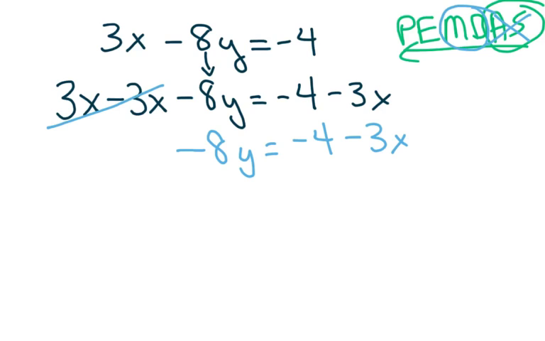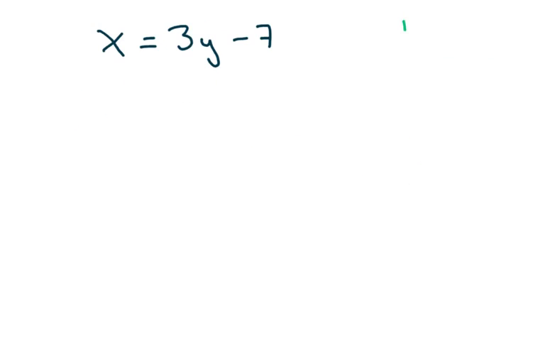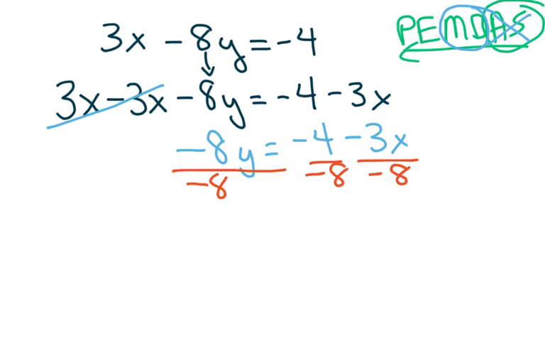Now, so we took care of that. Is there anything we can multiply or divide both sides by? Yes, we can divide everything. We need a positive y here, so we're going to divide everything by negative 8, so each term by negative 8. So what we get is y equals negative 4 over negative 8. You know this is going to change to positive. And we have minus 3x over negative 8.